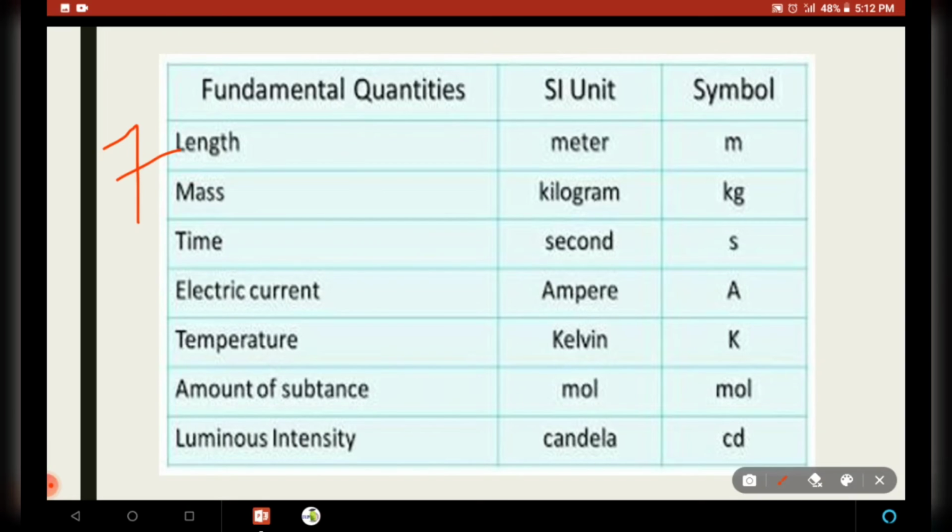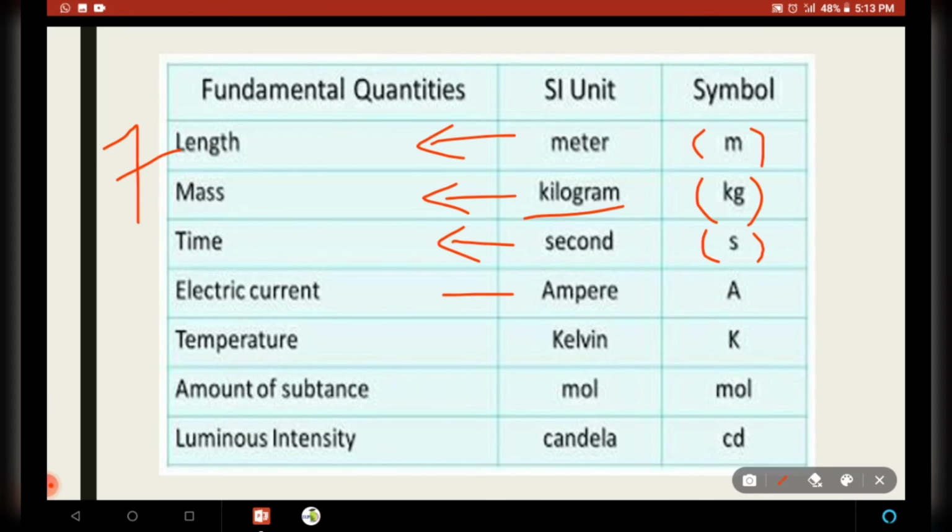These are the 7 fundamental quantities and their SI units are: meter for length and its symbol is small m, kilogram for mass and its symbol is kg, second for time and its symbol is s, electric current ampere, its symbol is capital A, temperature SI unit is Kelvin and its symbol is capital K.